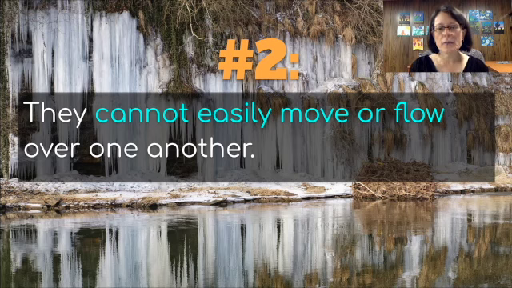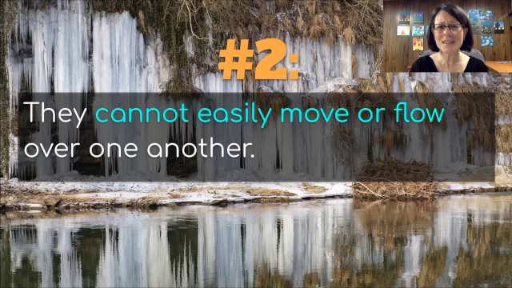The second thing we need to know about solids is they cannot easily move or flow over one another. I chose the picture in the background because we see that there are icicles on this hillside that the water was flowing at one point, but when it became a solid, they froze and they now cannot move or flow.